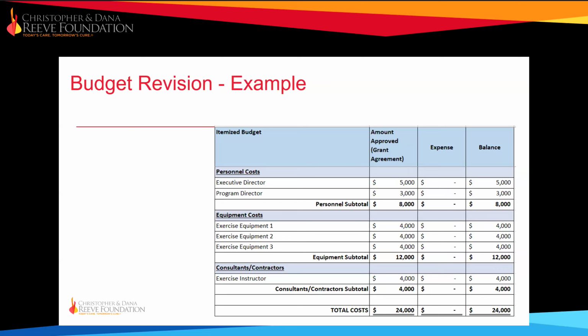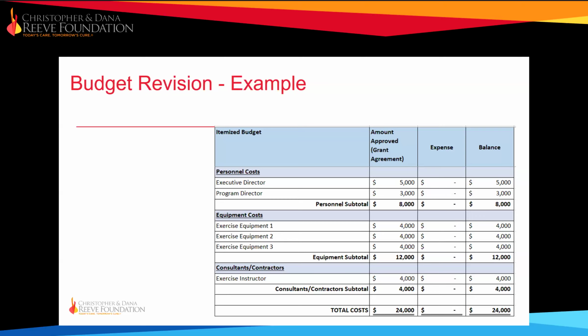You would submit a request saying something like: due to an emergency, the consultant is no longer available to provide exercise instruction. Our executive director, who is a certified exercise instructor, will conduct the remaining classes. Therefore, we request to reallocate $3,000 from the consultant line to the executive director line under personnel costs. This adjustment will not affect the overall project or its timeline.